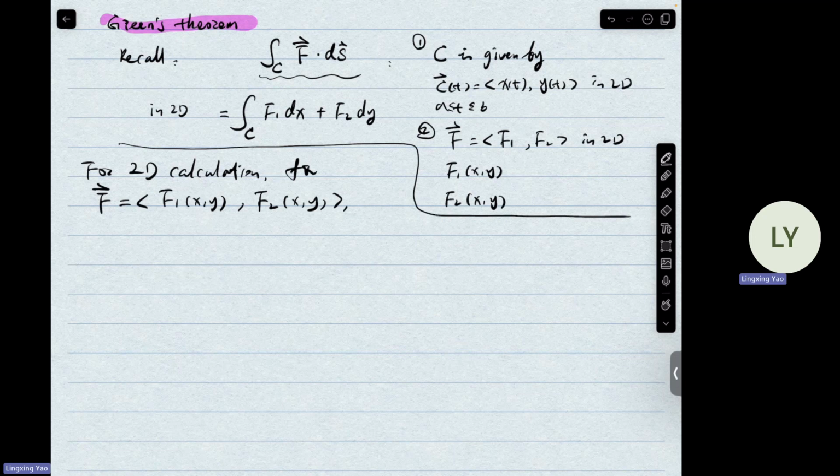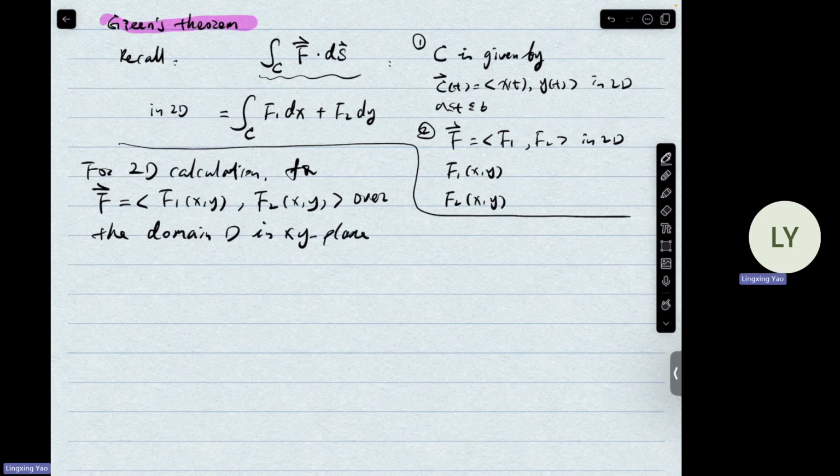And for this vector field, over the domain D, and here we should say this is a simply connected domain, so there's no hole or single point inside of the domain D in the xy plane.